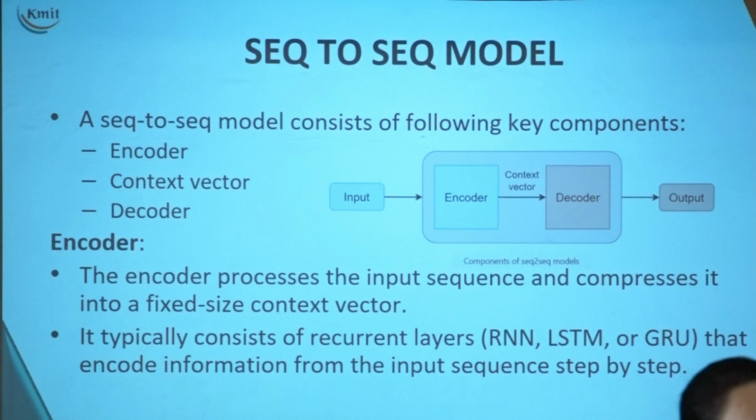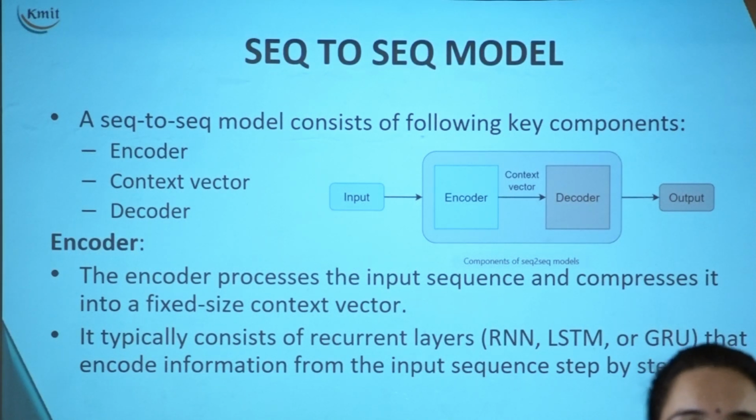So what is a context vector? Today in your exercise I made you understand what a context vector is. Okay, so what we are trying to do here is, using an encoder, taking the input, we are generating a context vector. Okay, and the decoder takes this context vector and gives you the output.